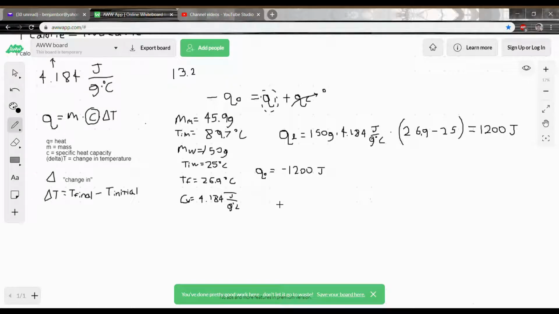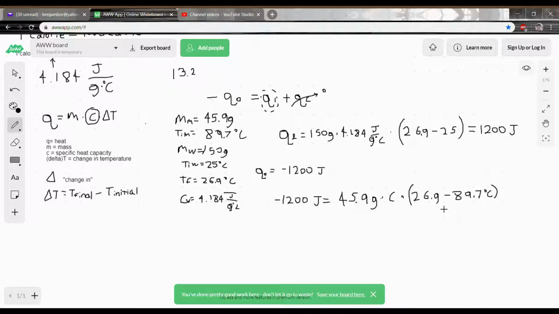So let's do it. We're going to write in a negative. I was going to rearrange the equation first, but it doesn't matter. A negative 1200 joules, and set that equal to 45.9 grams, multiplied by our unknown variable C, multiplied by our change in temperature. The final temperature is 26.9, and the initial temperature, remember, we heated this thing up to 89.7 degrees Celsius.